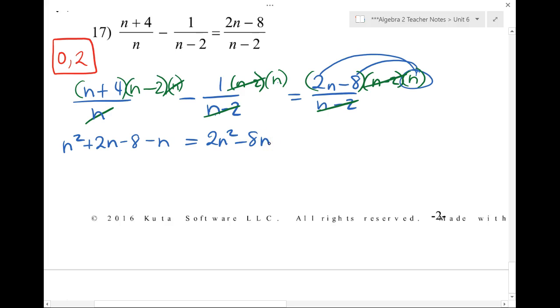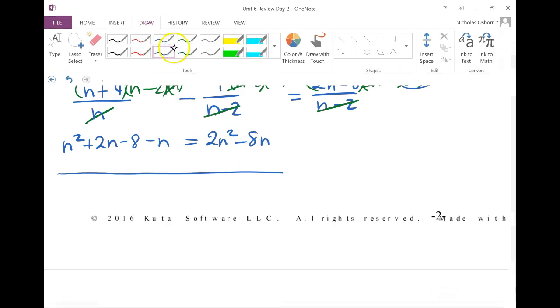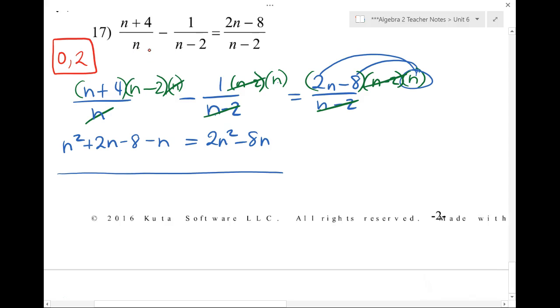Okay, so now what I want to do is get all my terms on one side, because I have an n squared here. So I know I'm probably going to have to factor at the end. I'm going to move all the terms to the right side because I eventually want my n squared term to be positive.